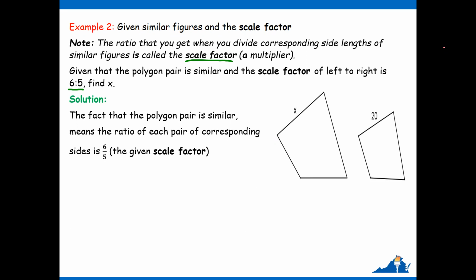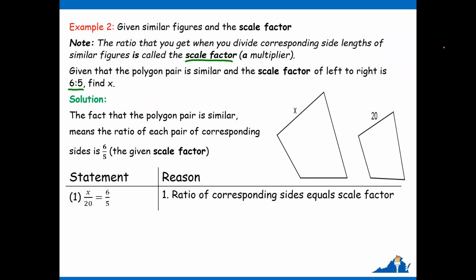So if I find the ratio x/20, that should be equal to 6/5. This is exactly the statement I wrote in 1.